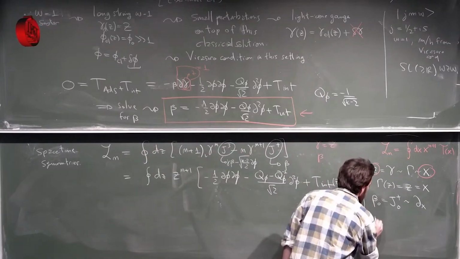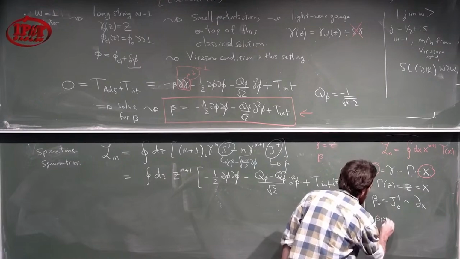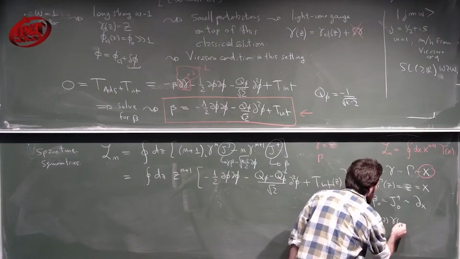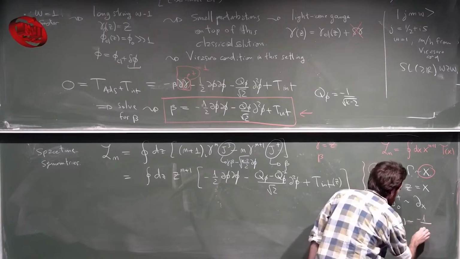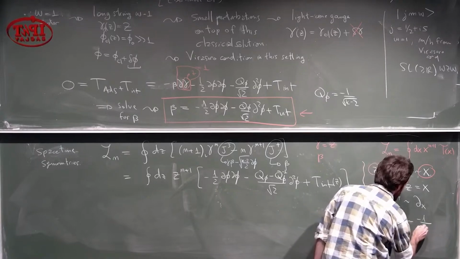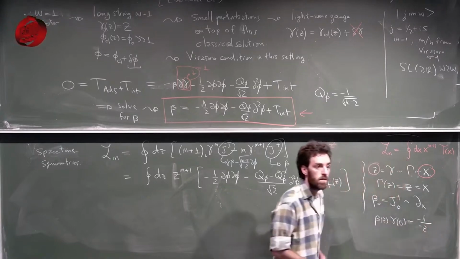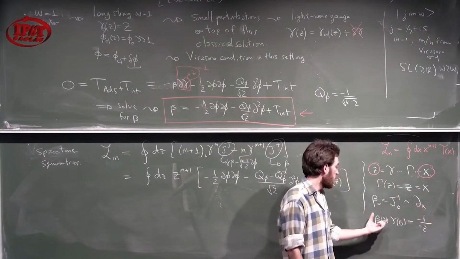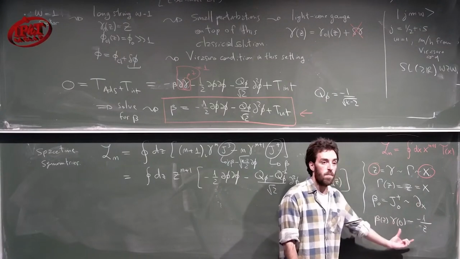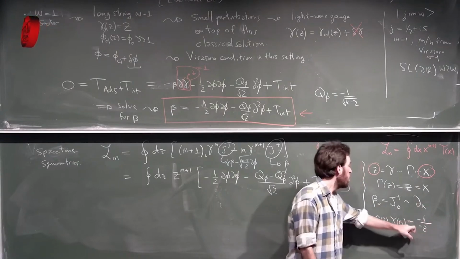But I know that the OPE of beta with gamma gives me minus 1 over z. So beta acting as the x derivative basically takes a derivative with respect to gamma, up to this sign here.